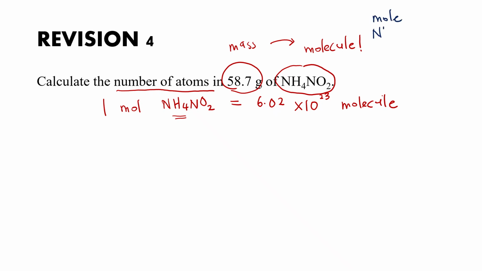So mole ammonium nitrate. Okay, mass over molar mass. This is mass over molar mass. So the molar mass is 64.0 gram per mole.